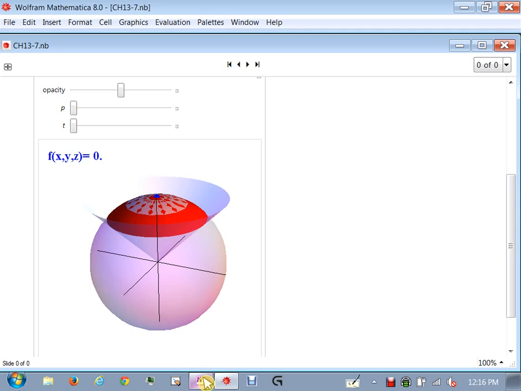So our U cannot be 0 to pi. It's got to be 0 to something, right? And then, can I spin all the way around? Yes. So I want to vary my U by something. I'm not sure what. And I want to be able to spin around the entire way. And if I do that, and I fix my radius here at 1, right? Then I should draw that cap, shouldn't I?